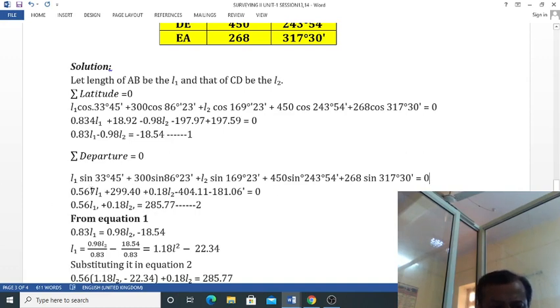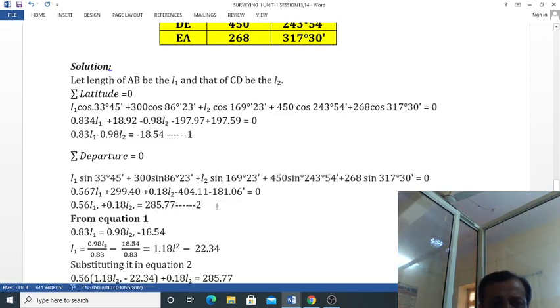If you simplify this, it will be 0.567 L1 plus 299.50 plus 0.18 L2, and 450 into sine is minus 404.11. Simplifying, I get 0.56 L1 plus 0.18 L2 is equal to 285.77.